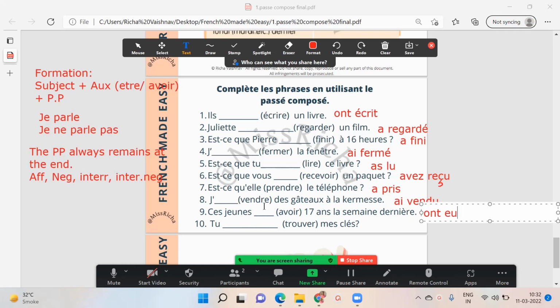Okay, in this next one, one second. In this, they have given the verb avoir. Now, avoir will come twice. One in the present conjugation, that is as a helping verb, and the past participle of avoir also is to be used. And avoir and être, both these verbs will take avoir auxiliary only.